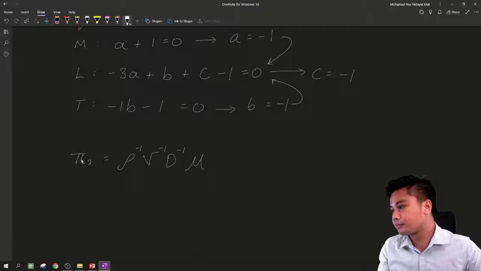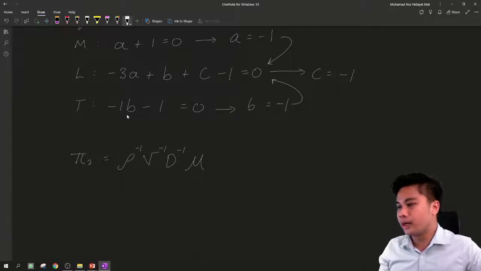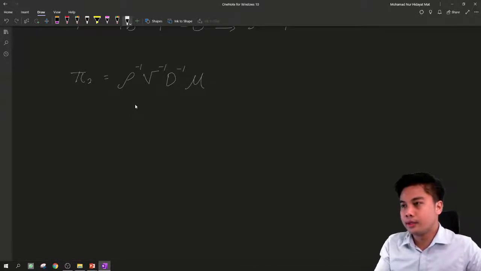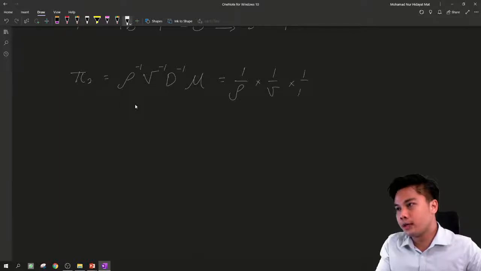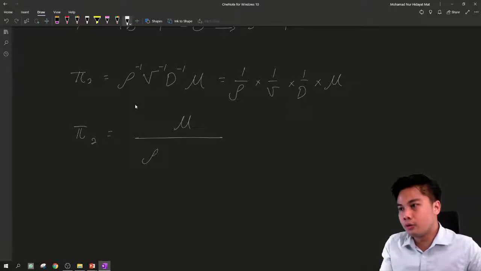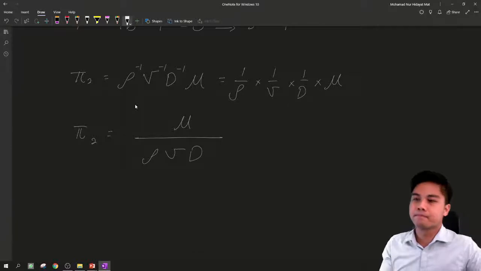Alright, based on this, we arrange back. Rho to the power of negative 1 is 1 over rho, 1 over V, 1 over D, multiplied with mu. So pi term number 2 is mu over rho V D.